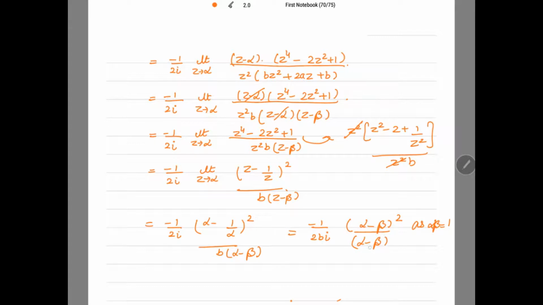If you open this and solve this, applying alpha beta is equal to 1, you will get this. Now take the difference of the roots, right?